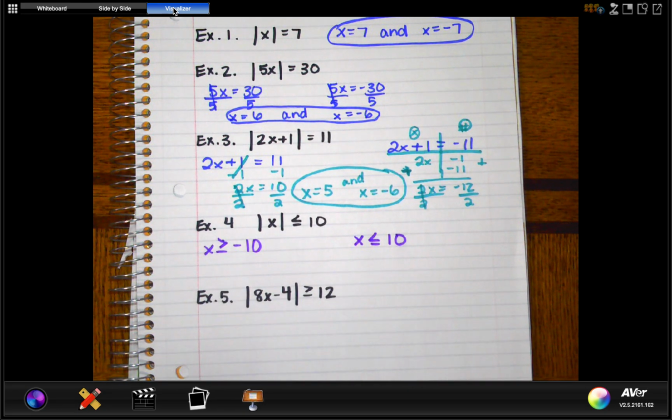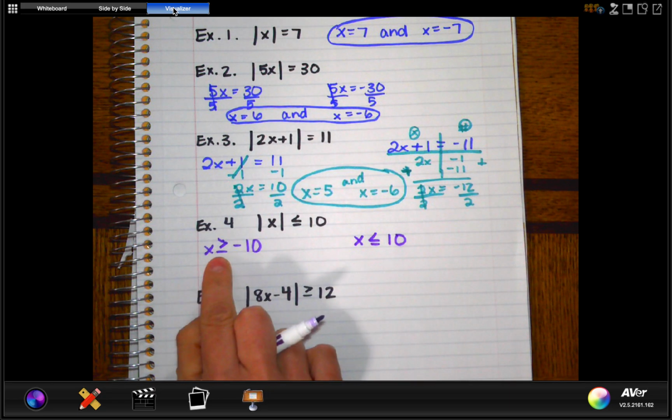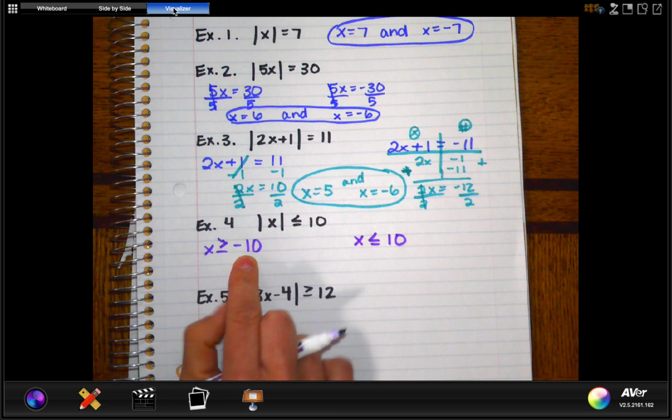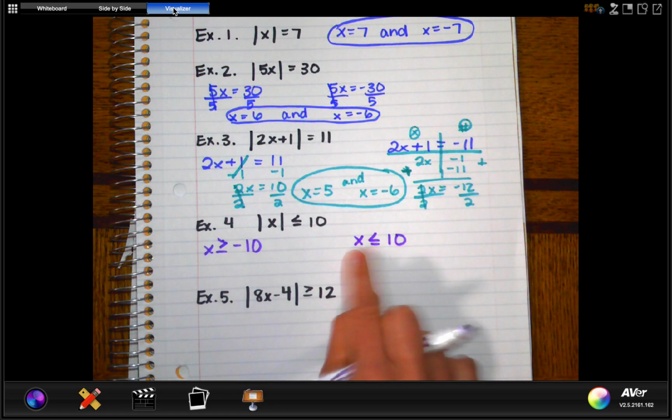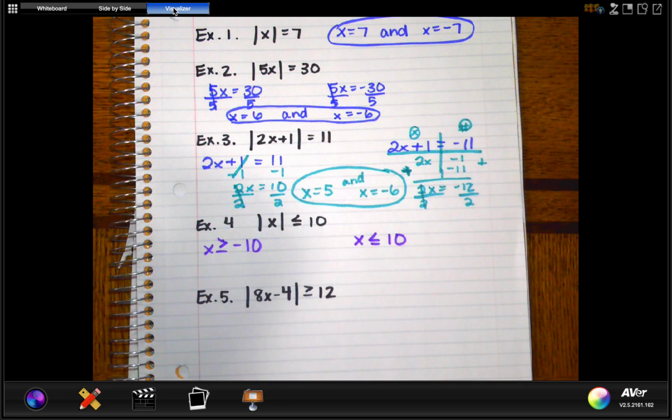Now, if you think about this and graphing it, this is how we decide if it's an and or an or. So x is greater than or equal to negative 10, so that would be negative 9, negative 8, negative 7, negative 6, and all the positive numbers. x is less than or equal to positive 10, so that would be 9, 8, 7, 6, 5, 4.